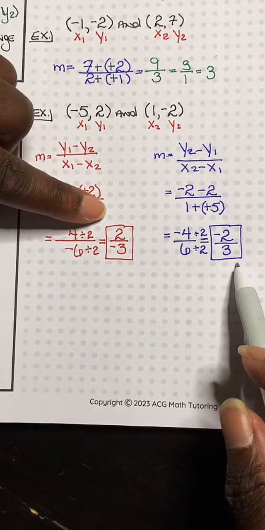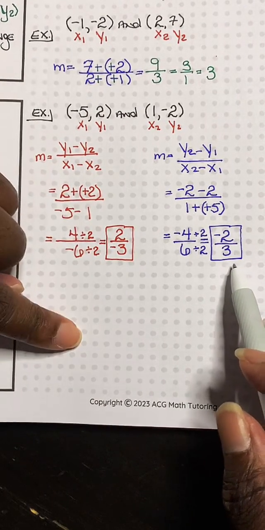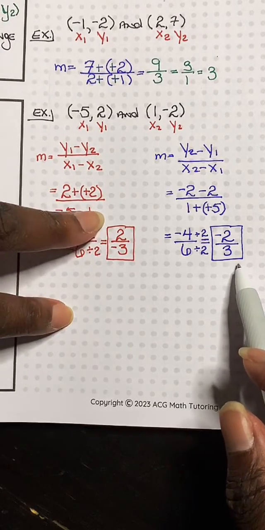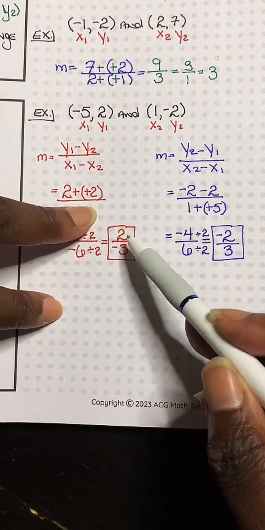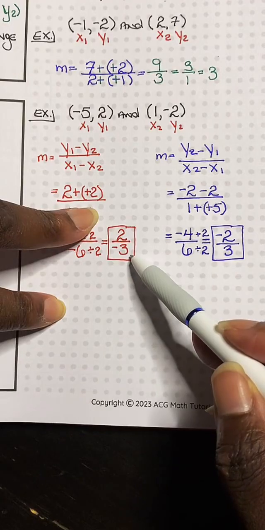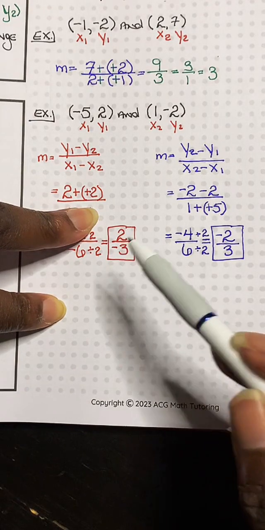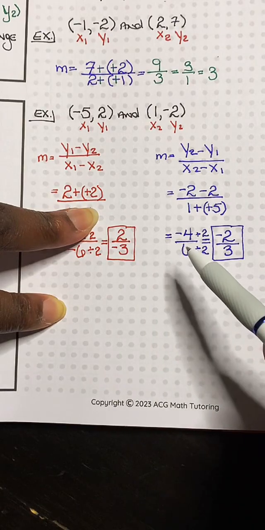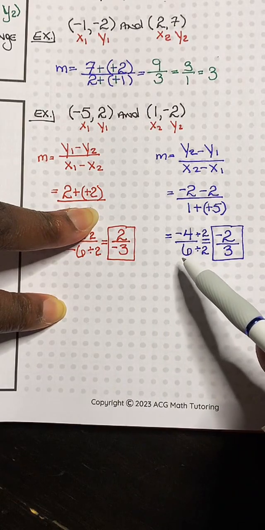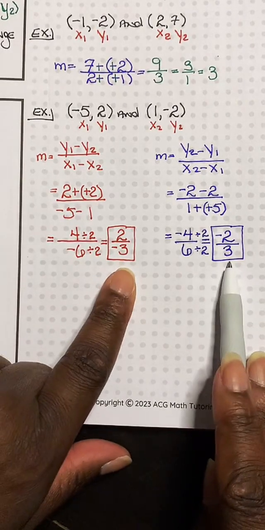It's either the numerator or the denominator, okay? It's never both. Because if both the numerator and the denominator are negative, that means you have a negative divided by a negative, which gives you a positive situation. All right? So these are basically the same.